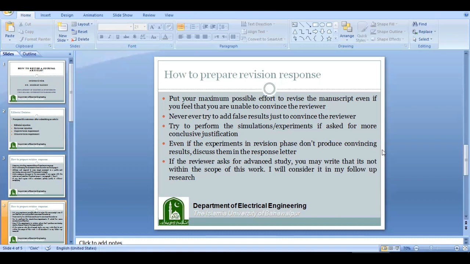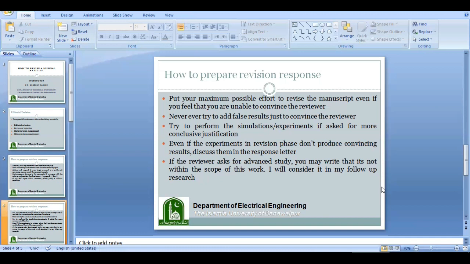For example, if your manuscript has been forwarded to three or four reviewers and three have accepted it, but one reviewer is asking for more experiments and more results, it may disturb the response you have prepared for the other three reviewers. So it is better to avoid complying with the comments from this fourth reviewer, and at that point you may write that it is not within the scope of my work and I will consider it in my follow-up research.